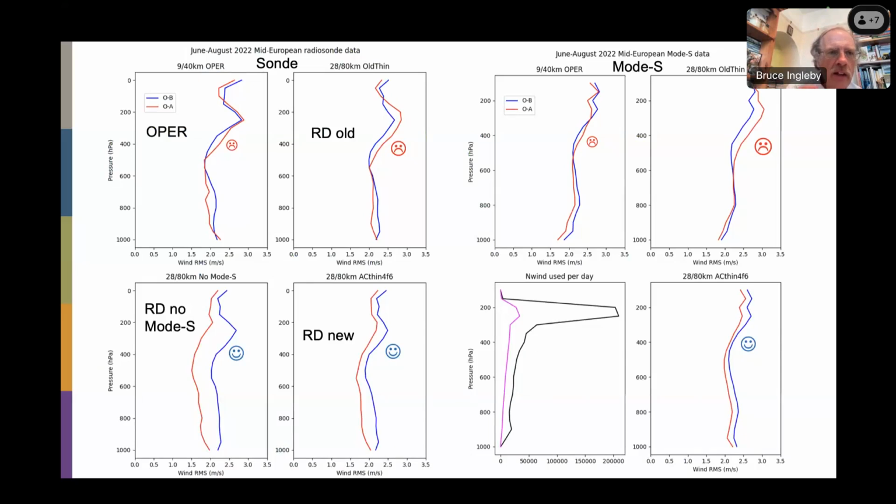And the red lines are O minus A. Looking at the top plots on the left for the radiosondes, the O minus A fit in the upper troposphere and lower stratosphere was worse than the O minus B fit. That's a problem. And we see similar for Mode S.